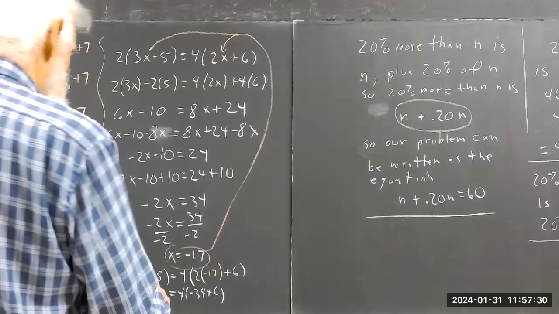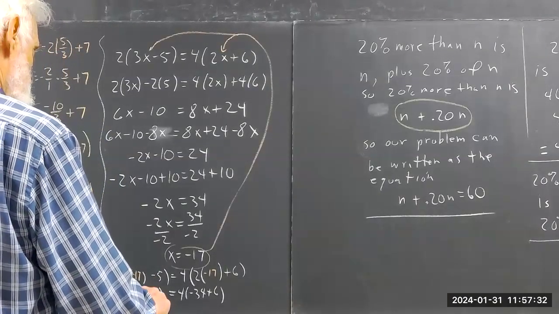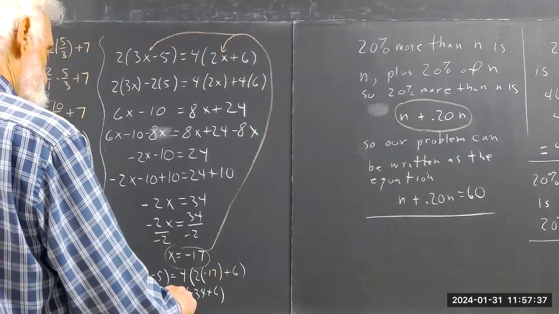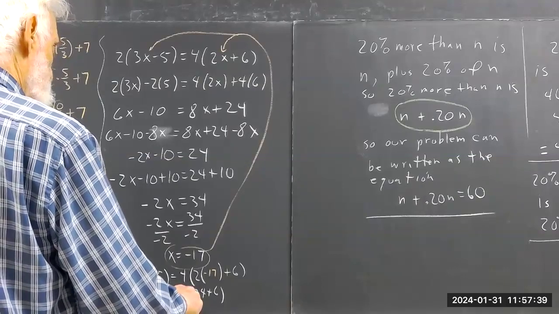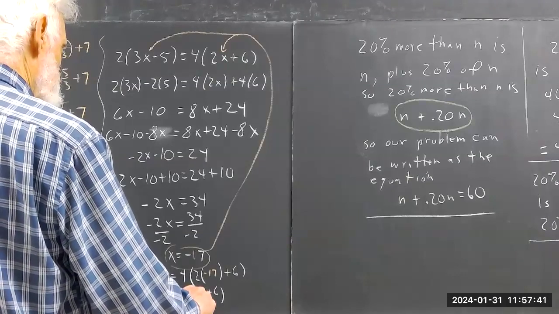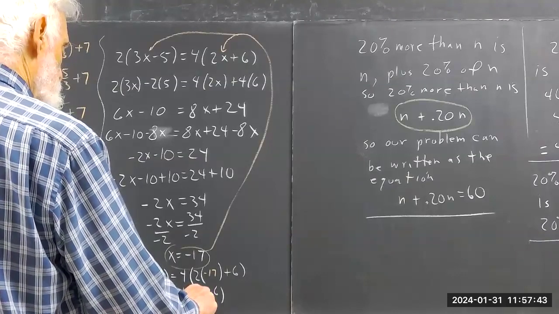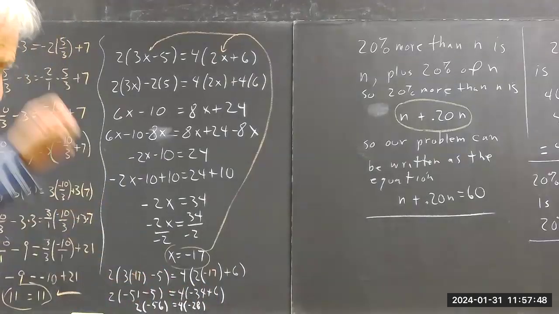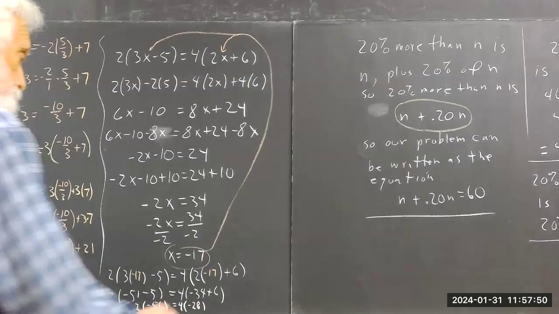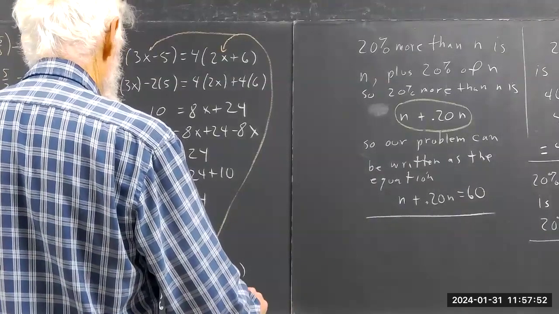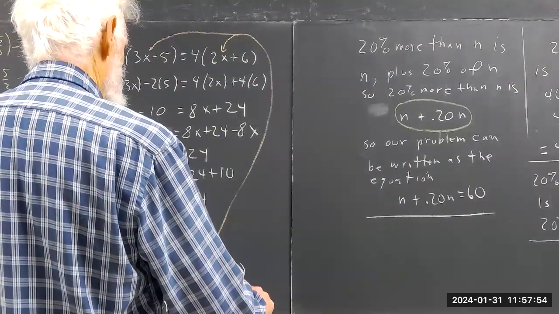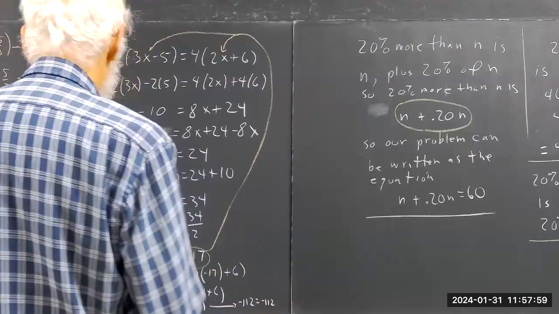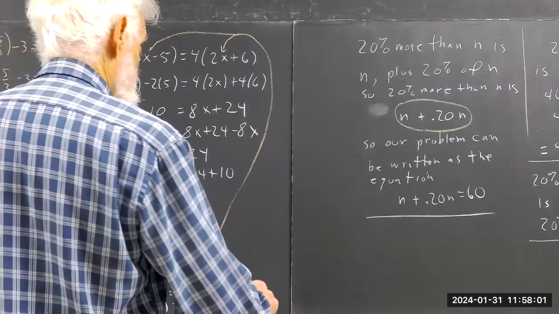I get 2 multiplied by negative 56 equals 4 multiplied by negative 28. The arithmetic is straightforward, and that gives us negative 112 equals negative 112. And by darn, I did another one right.